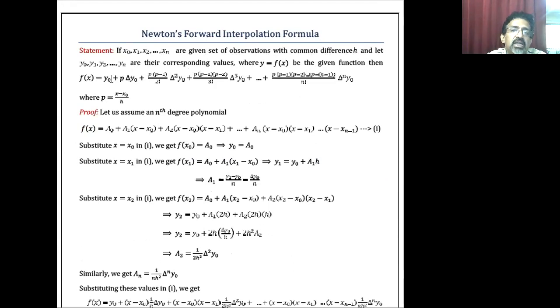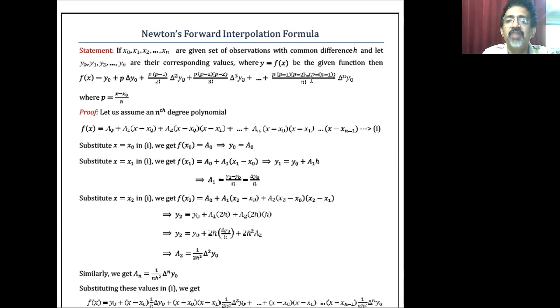F of x is equal to y naught plus p times del y naught plus p into p minus 1 by 2 factorial del squared y naught plus p into p minus 1 into p minus 2 by 3 factorial del cube of y naught plus and so on, plus p into p minus 1 into p minus 2 and so on up to p minus n minus 1.